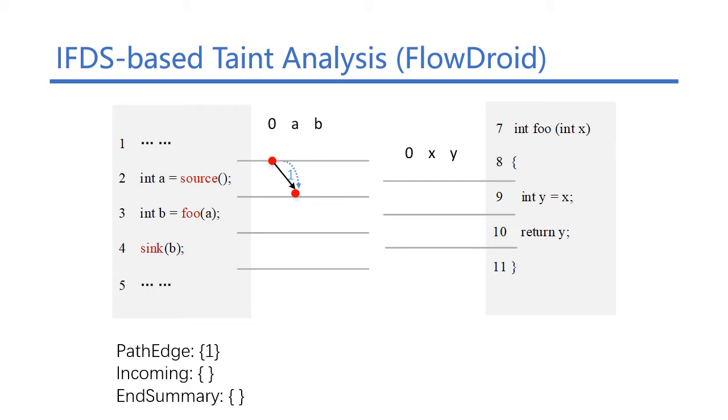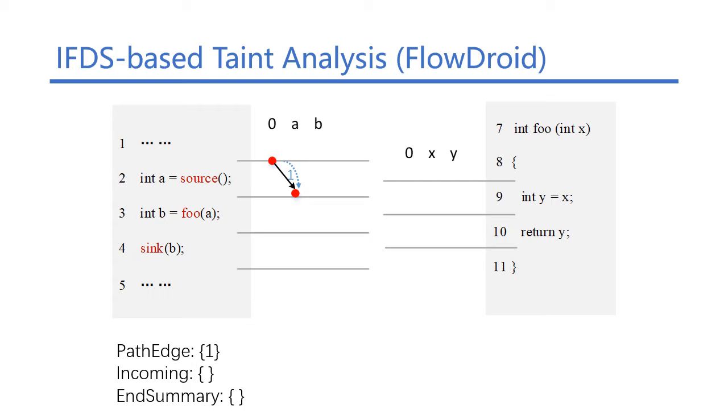Next, I will introduce the IFDS algorithm by a simple example. The demo displays how FlowDroid, a state-of-the-art IFDS-based taint analysis tool, calculates graph reachability paths step by step. The gray box is the code.